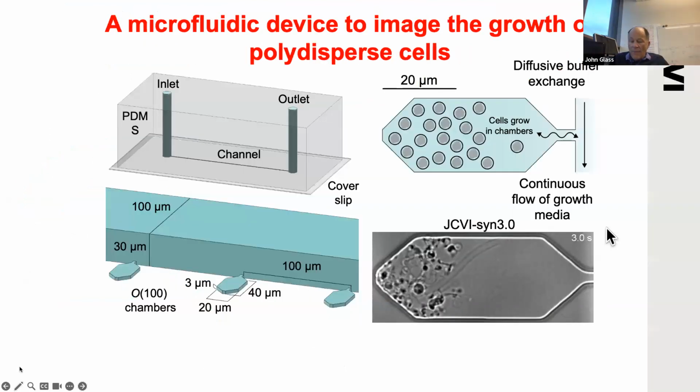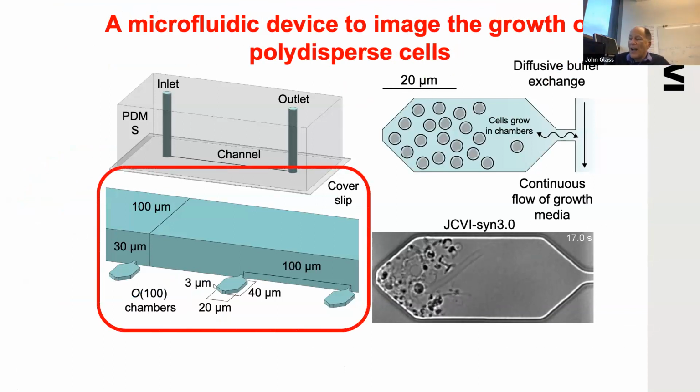What's going on here? And what we decided to do is to try to watch the cells grow in microfluidic chambers. And so we build these devices that have tiny little chambers. You see the dimensions that are linked to a chamber and this channel.